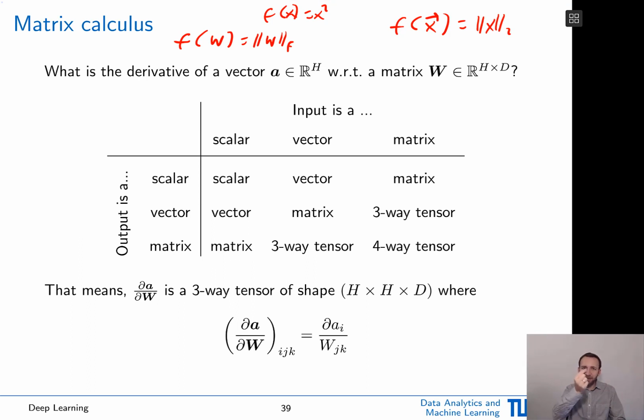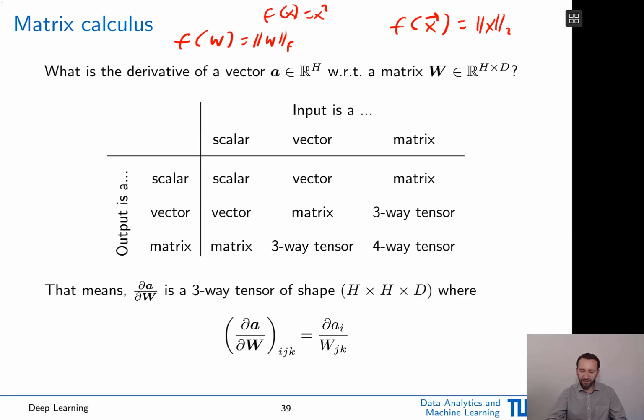How does changing the first component affect the output? How does changing this next component change the output? How does changing one of these 10 times 10 positions change the output, right? So of course, then the Jacobian is also a matrix, right? So input is a matrix, output is a scalar, then the Jacobian is a matrix, right? Because you want to know how each entry affects the output.